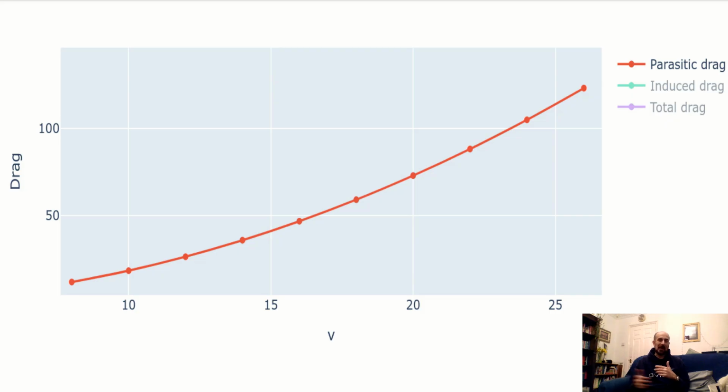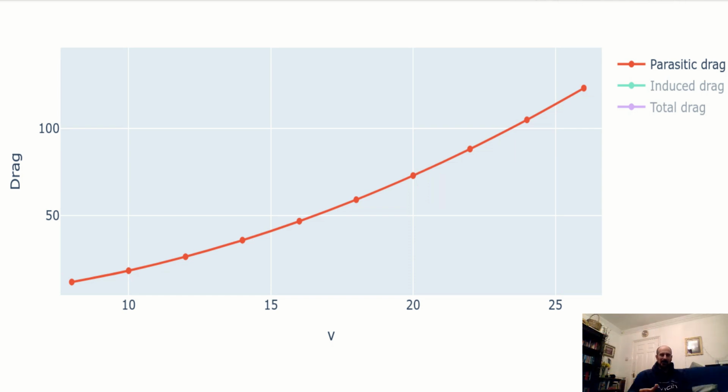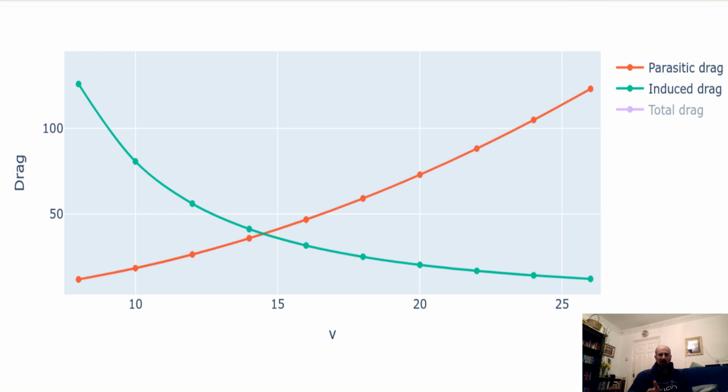Now, that increases with the square of speed. So if you double the speed, say we go up from 10 meters per second up to 20 meters per second, you can see the drag has gone up fourfold. Induced drag is the one that can seem a little counterintuitive because it actually goes down with speed. It's proportional to 1 divided by the speed squared. That might seem slightly odd to start with.